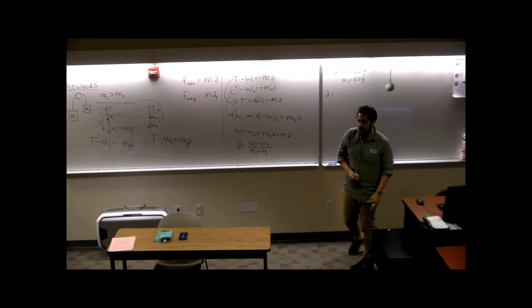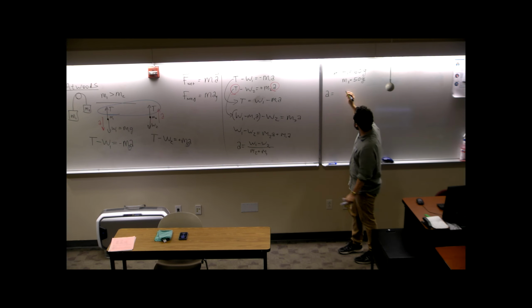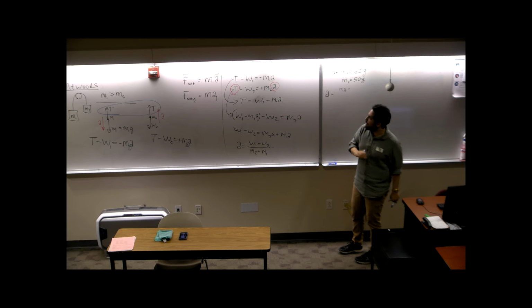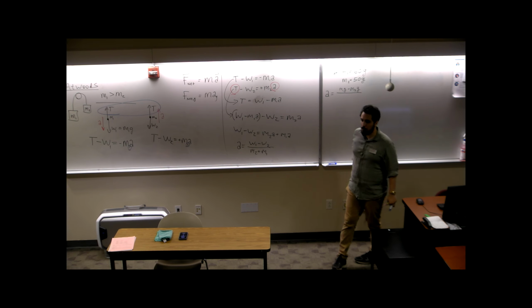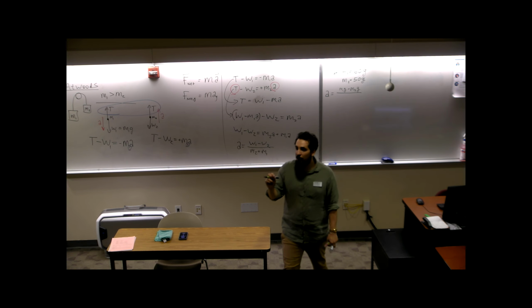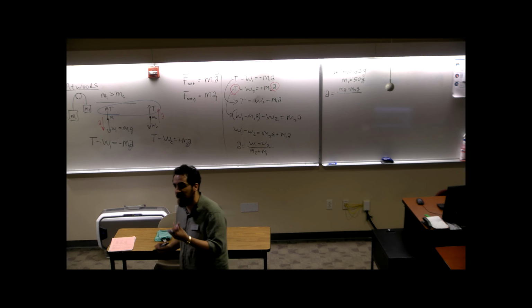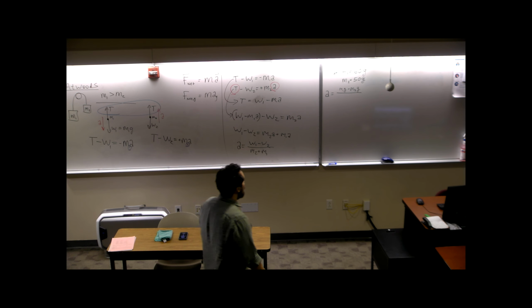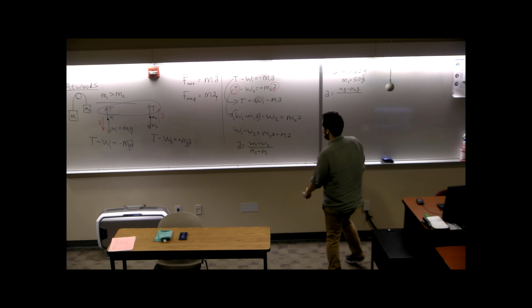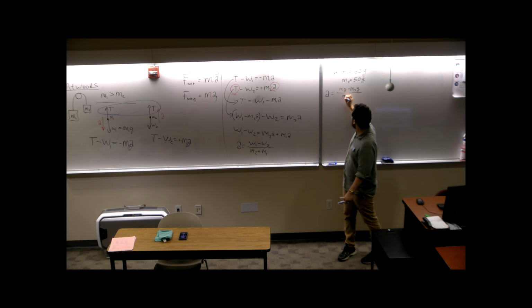Well, the acceleration is going to be weight 1, which is m1 times g, minus weight 2, which is m2g, where g is the typical 9.8 value. Remember, we always use positive 9.8 for substituting into that g. Negative 9.8 is put in there for directionality purposes when we deal with free fall problems. Then we divide this by m1 plus m2.